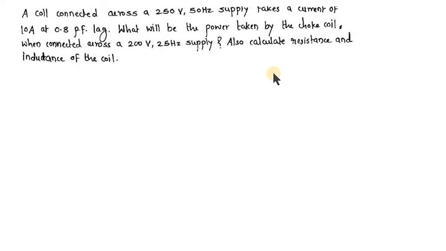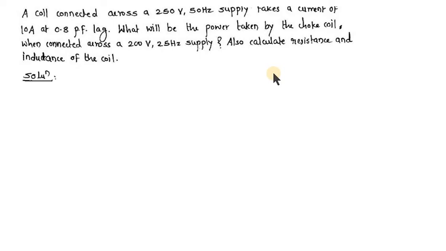We should understand that resistance does not change with change in frequency of the supply, whereas inductive reactance changes with change in frequency of the supply. So the value of XL will be different in both cases. Keeping this in mind, we will try solving this numerical.